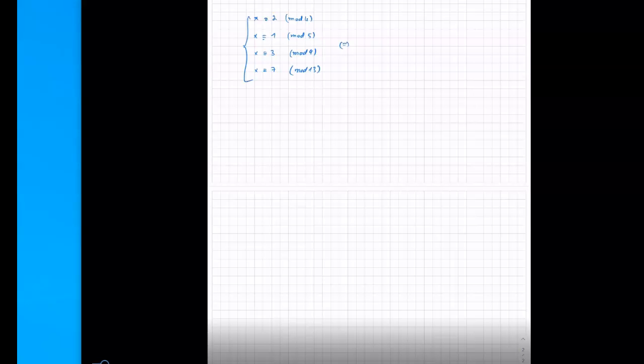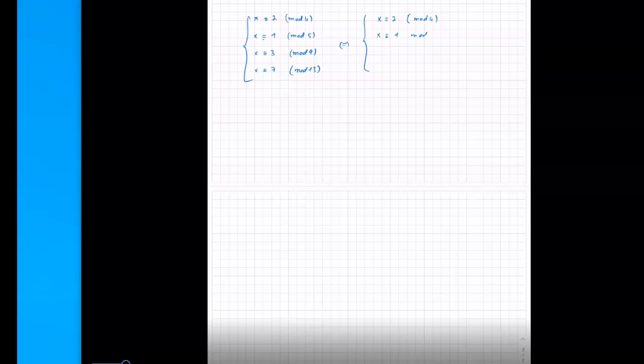So I start by looking at this example and trying to combine some equations which are similar. The first remark is that the Chinese remainder theorem gives us an answer because 4, 5, 9, and 13 are coprime.